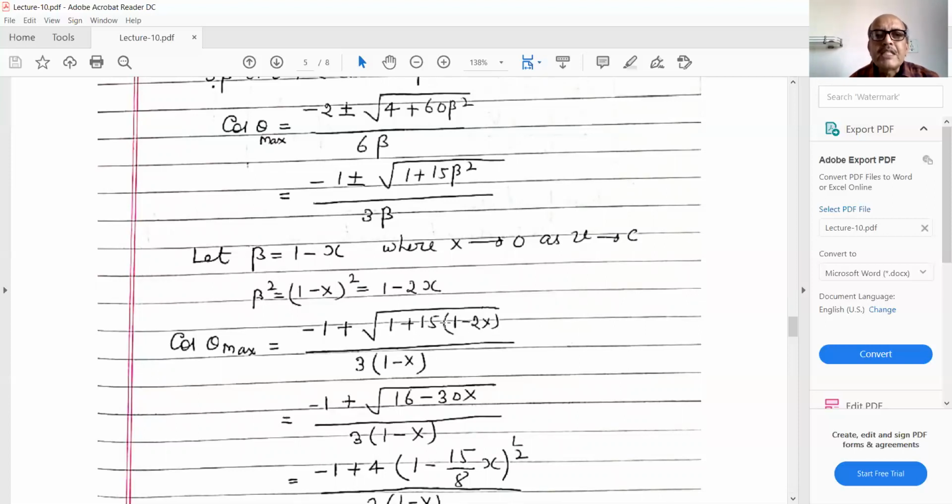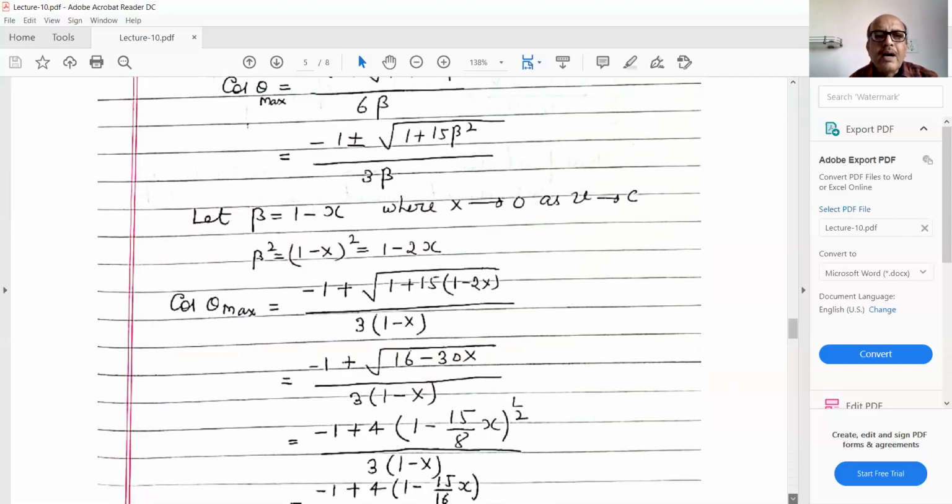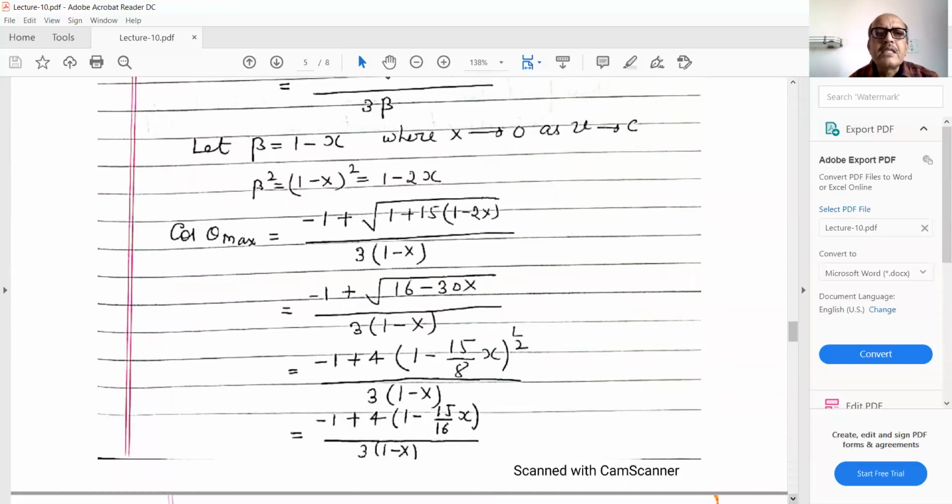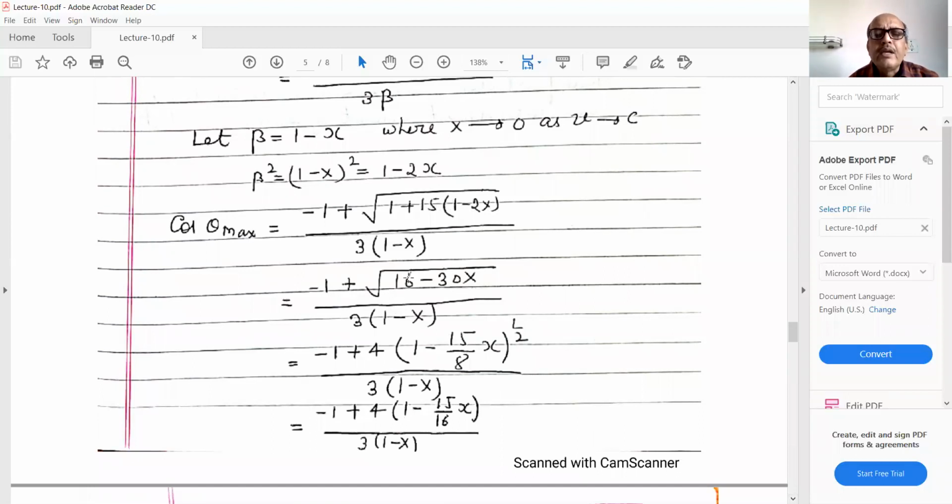So this 1 plus 15 becomes 16, and then 15 multiplied by minus 2x gives us minus 30x. So let us now pull out 16 from this square root. Since it is the square root, we will take out 4 from here, and we are left with (1 minus 15 upon 8 x) to the power of half.